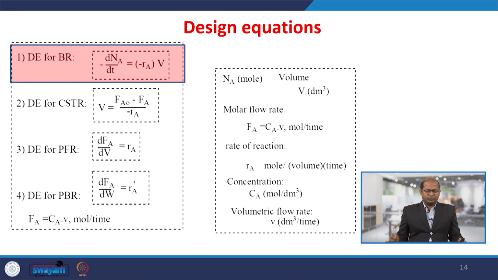So now we have discussed the design equation for a batch reactor, minus d n A by dt equals minus R A into V. Similarly, we use the general mole balance equation for other types of reactors and develop the design equation for those reactors, for further study to evaluate or design the volume required for a particular reactor.